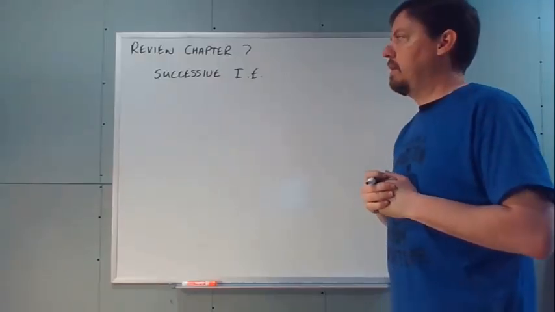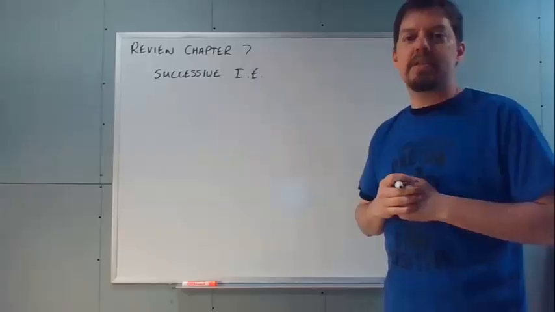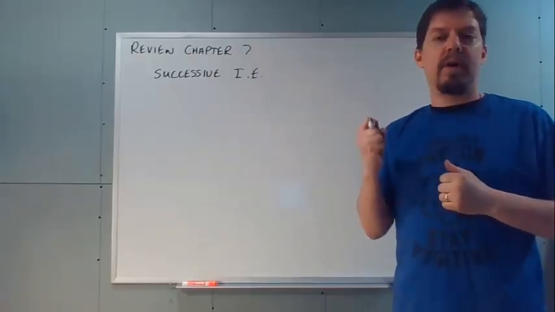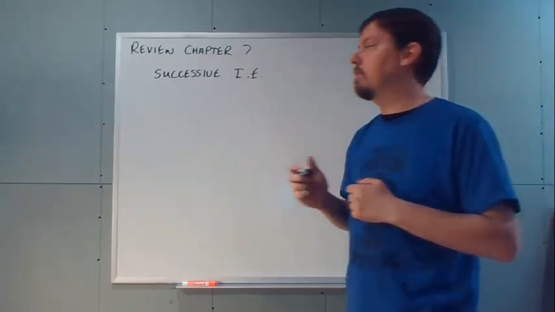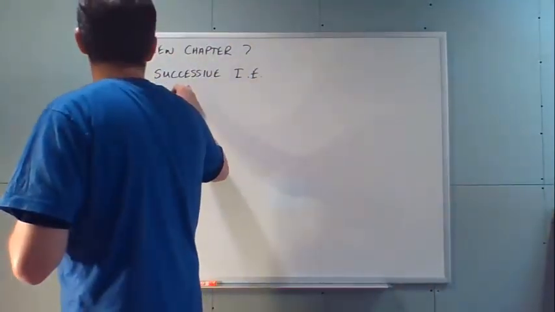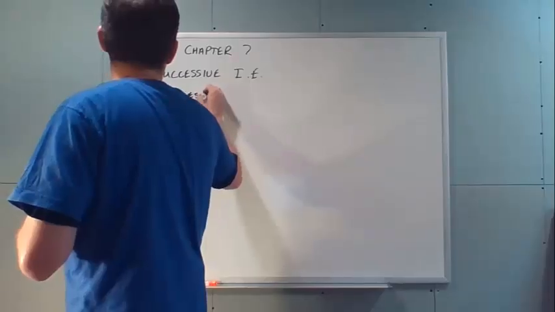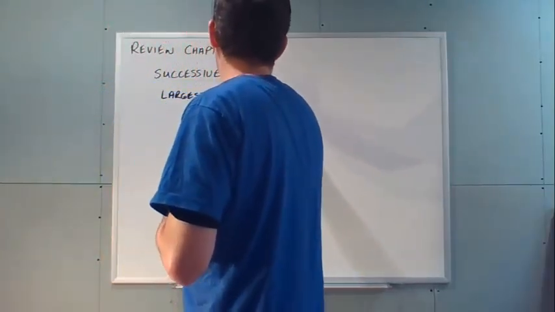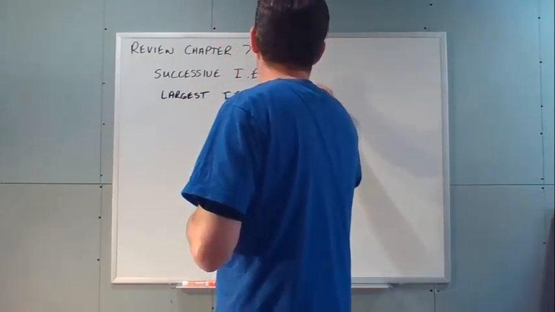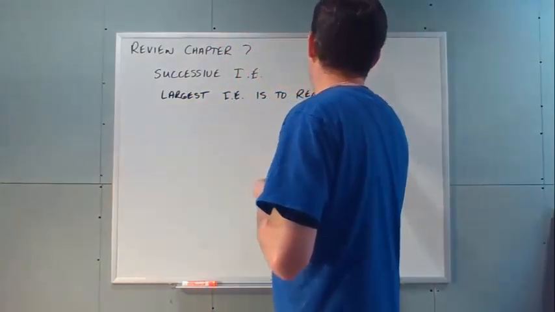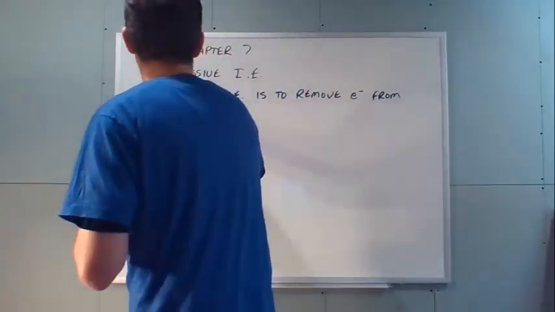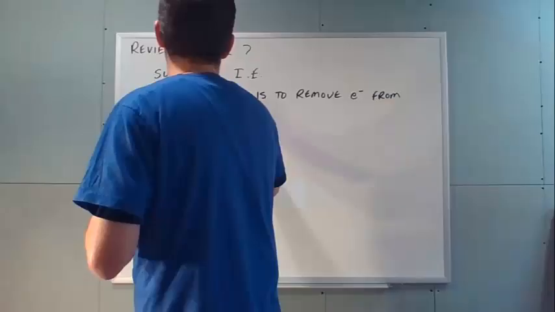So what you want to recognize is that the largest amount of energy that you would have to put in would be to pull an electron out of a completed energy level. Largest ionization energy is to remove an electron from a full energy level.